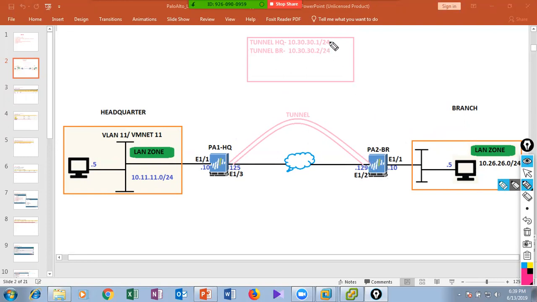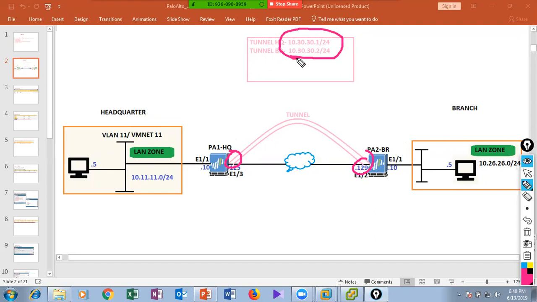Can you see here, I have 10.30.30.1 as the IP on the headquarters site. I'll create the virtual tunnel interface, which should be assigned an IP address and a tunnel destination. Here also I'll create the virtual tunnel, and I need to keep both sites in the same subnet.